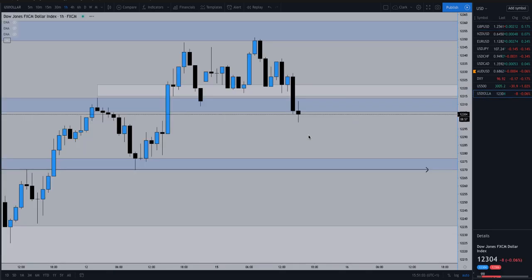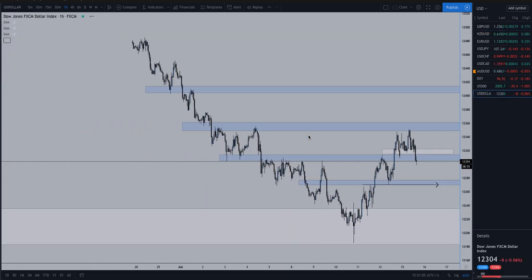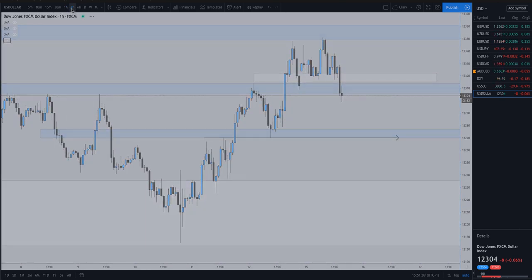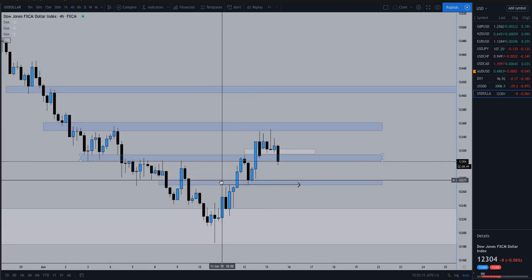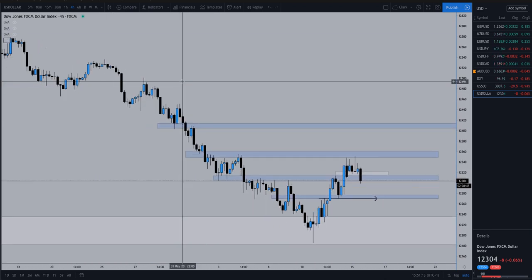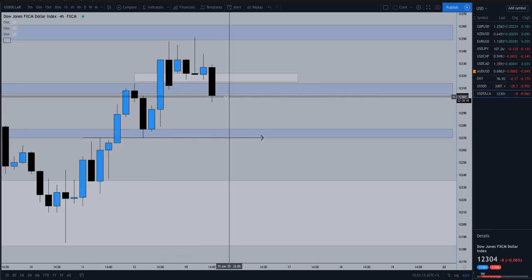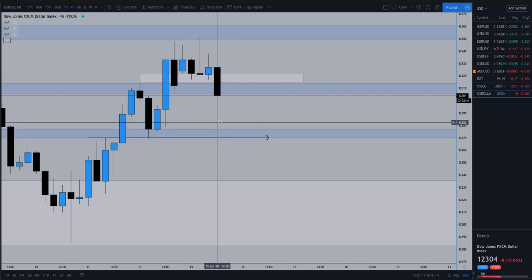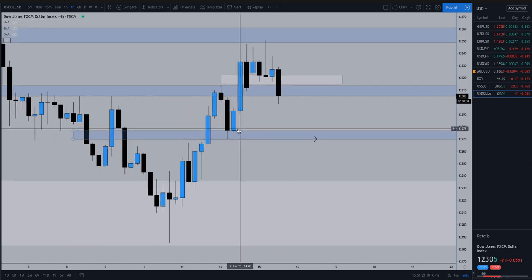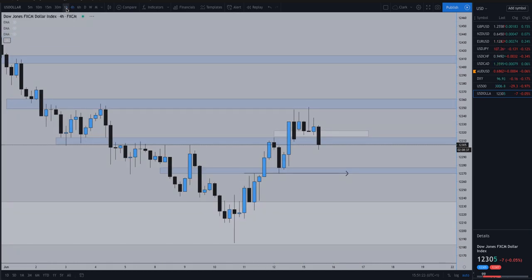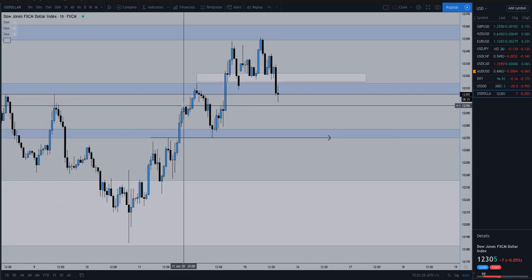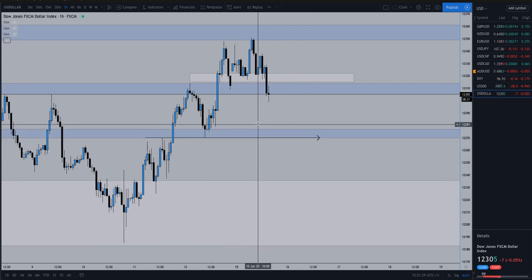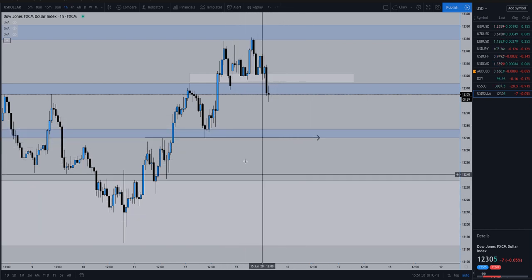All right, guys. Like we talked about, the main objective for this week is looking at the 1 hour chart and the 4 hour chart on the US dollar. We want to see rejection of this low before we go long, and before we go short, we want to see a break of this low.